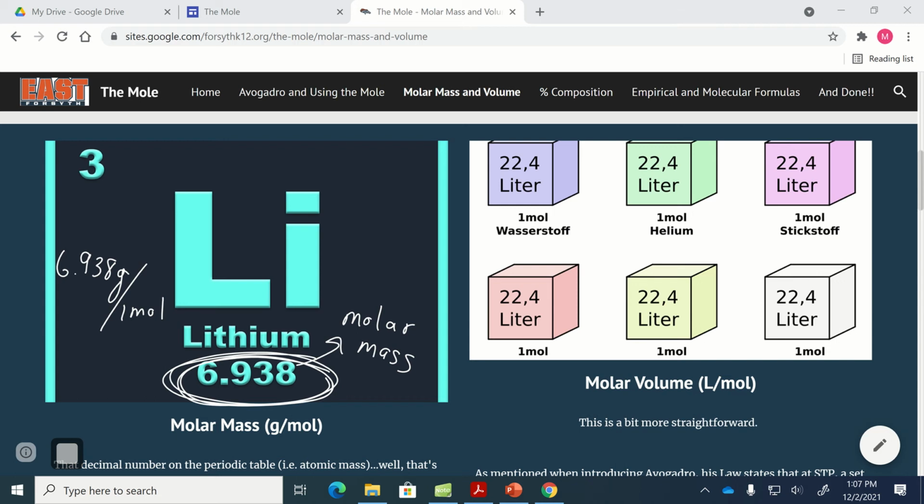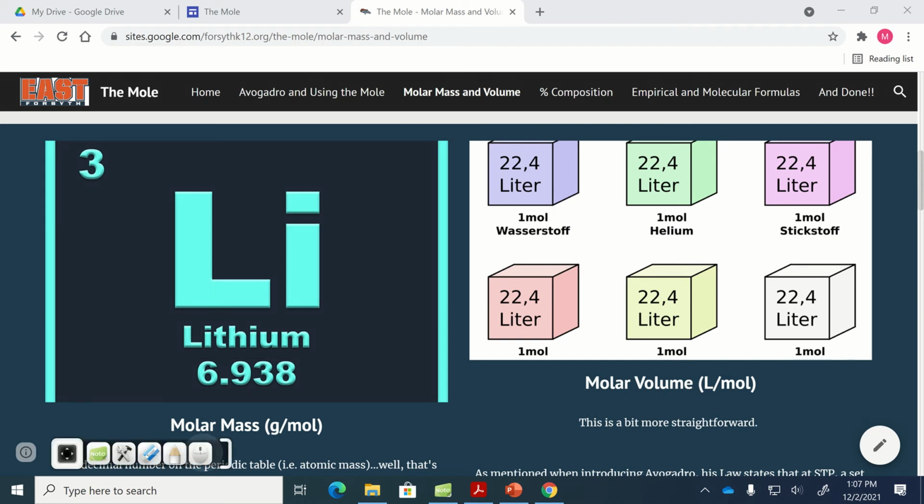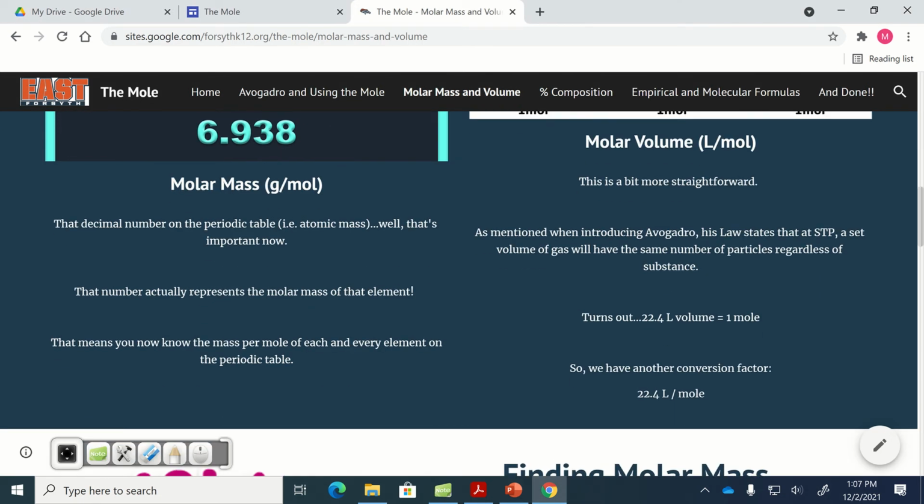All I'm doing is looking at the atomic masses, which I'm now calling molar masses, off the periodic table. Using this value, I can now convert between moles and grams. You can see how that's developing. That's what molar mass is all about and where it can be found.